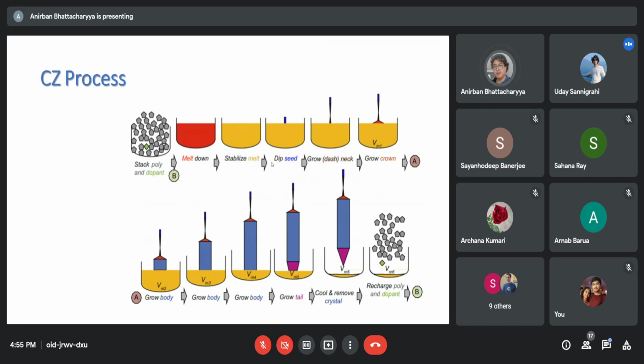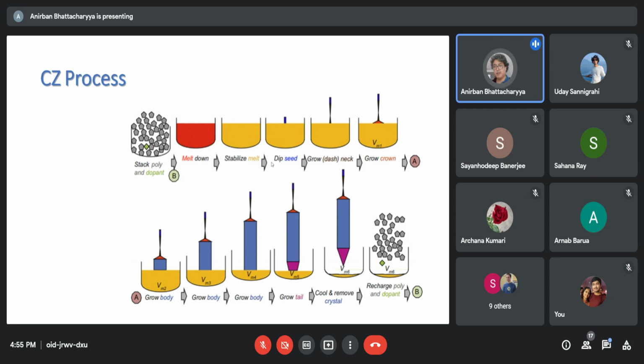So what has happened? The melt is freezing in contact with the seed, and the seed is slowly being pulled up. And first there is a neck, then there's a crown, like an arrow, like a triangular head, and then the body. See that? Like a cylinder of silicon is being pulled up.